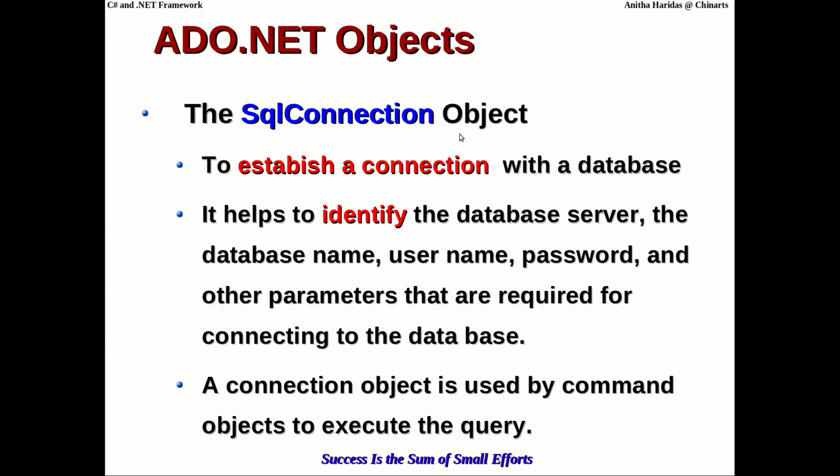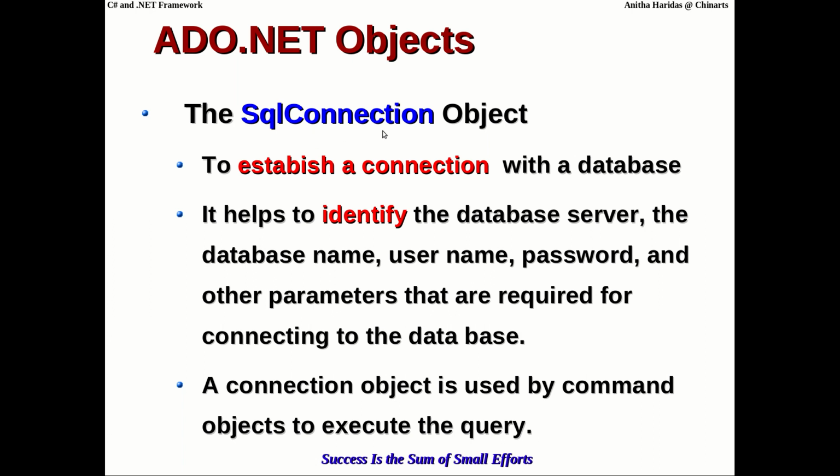So the SQL connection object is used for establishing a connection with a database, which we have already seen. And when you want to make a connection to a database, you need to provide the required credentials.